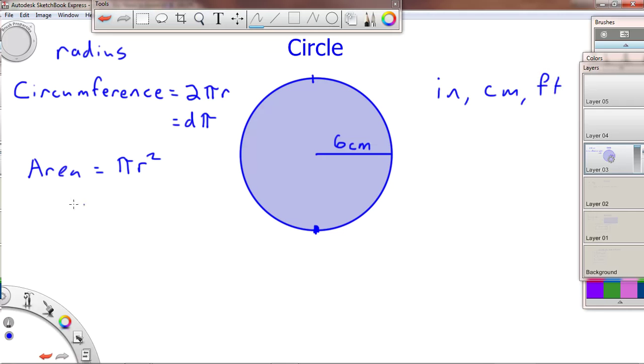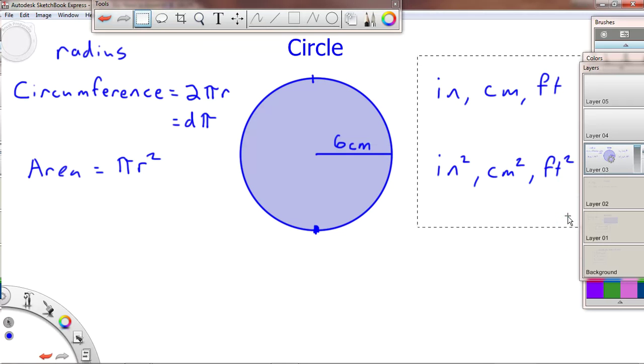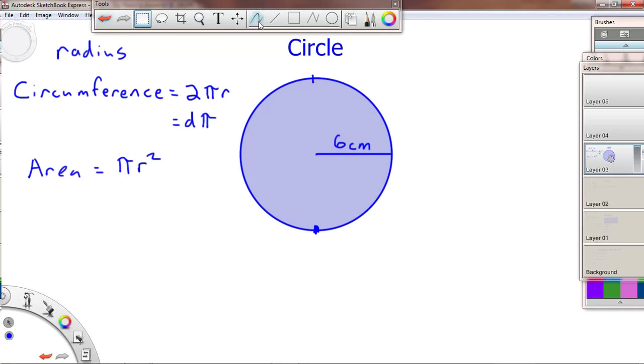And when we measure area, we measure in square inches and square centimeters and square feet. So the formula for the area of a circle has the second power for an exponent here. Let's do this real quick.